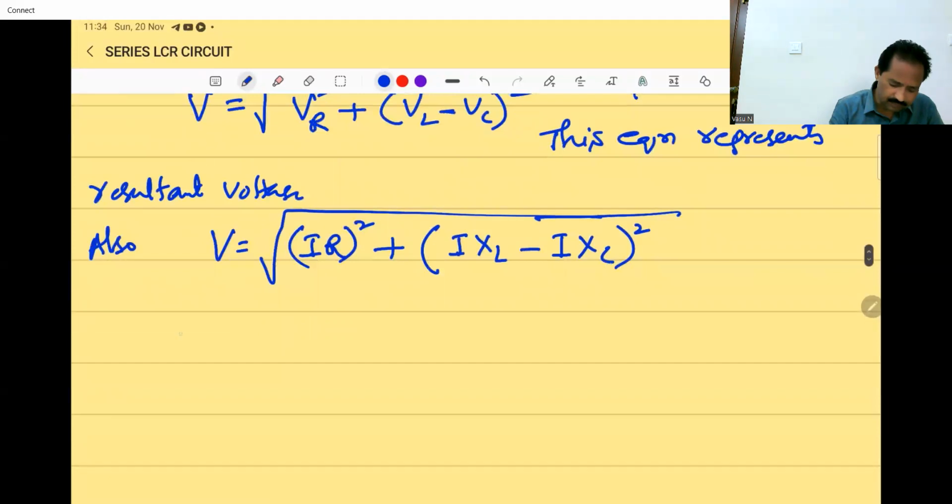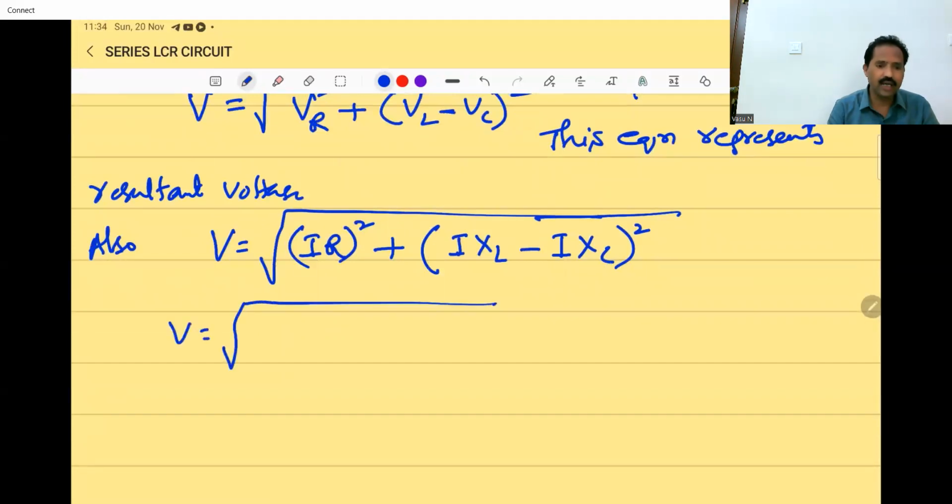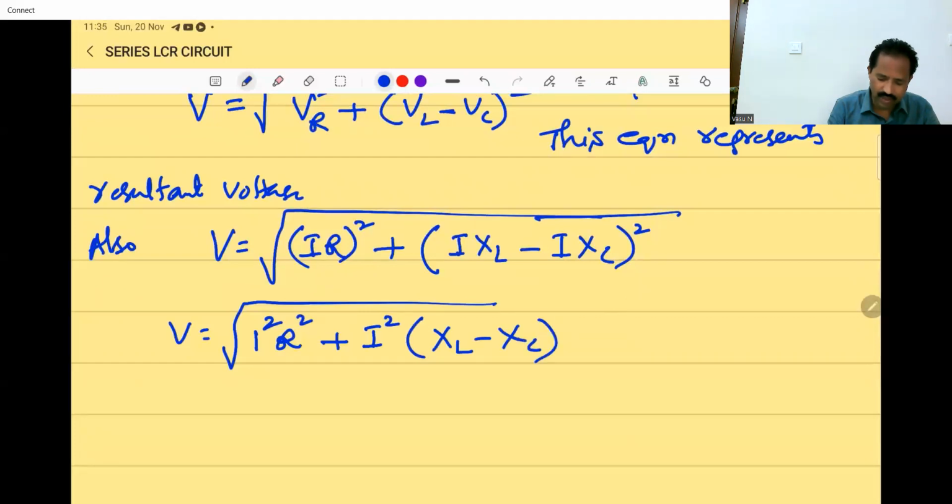Next step, V is equal to under root IR whole square, which means I square R square, plus here IXL minus IXC whole square. Taking I common, power 2 comes for both, so I can write it as I square into XL minus XC whole square. Like this you can write.